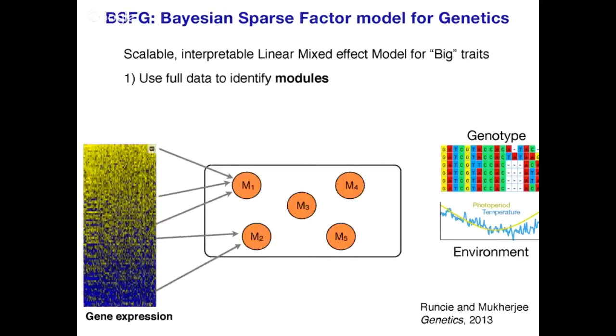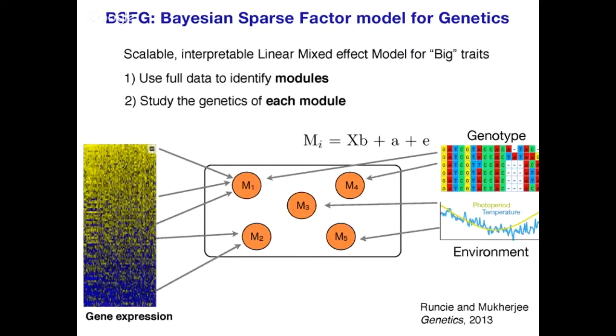What BSFG does is it first uses the full data to learn modules, or groupings of these traits, that are the most important in the data, and then does the genetics on each of these separately. Other models try to do this, but what I've been trying to do in particular is do this all simultaneously. So we can learn the modules as we're learning the genetics all at once and take advantage of both types of data.